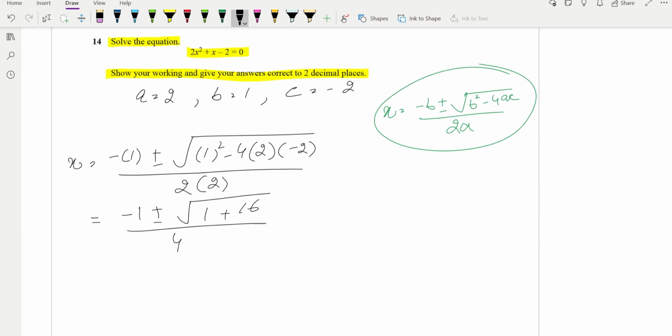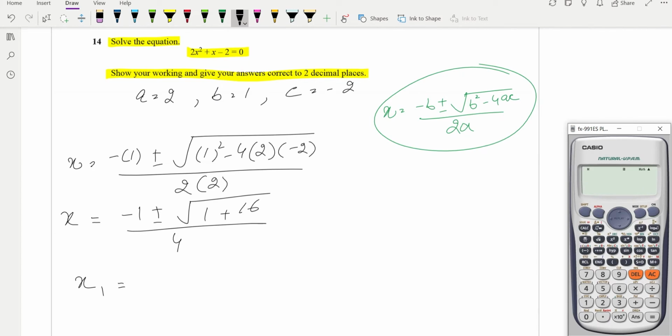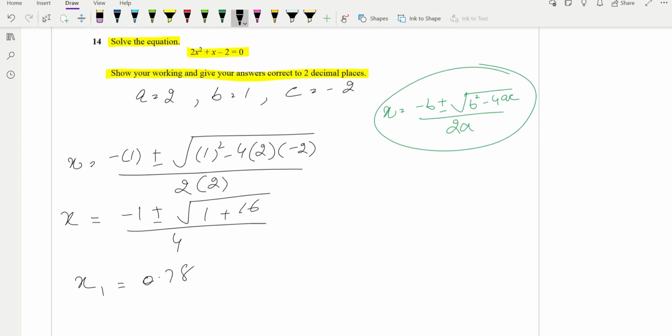Now this is our x value. Now we can write x1, with plus: minus 1 plus square root of 1 plus 16 over 4, and this is equal to 0.78. So we can write 0.78.